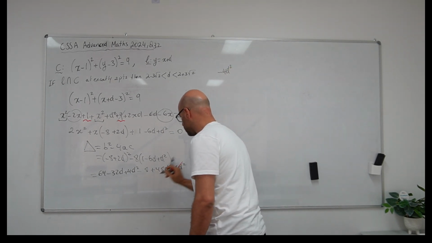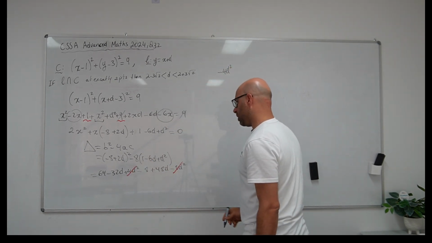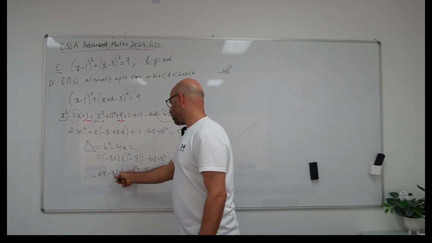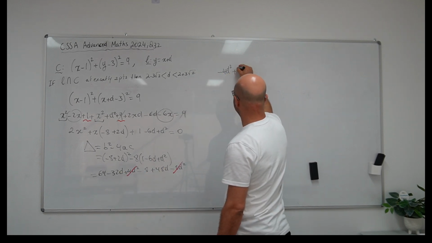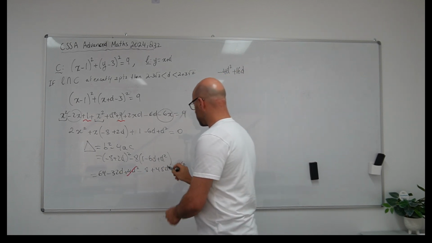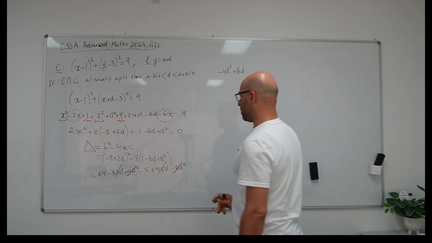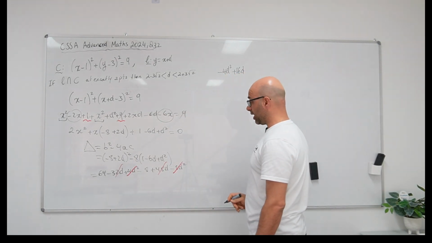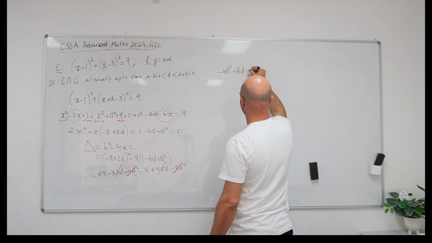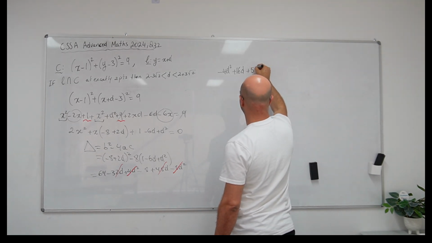Let's cross them so we don't get confused. And 48d and minus 32d is going to give me plus 16d. And we're going to cross these two. And what's left, 64 minus 8, is going to give me plus 56.